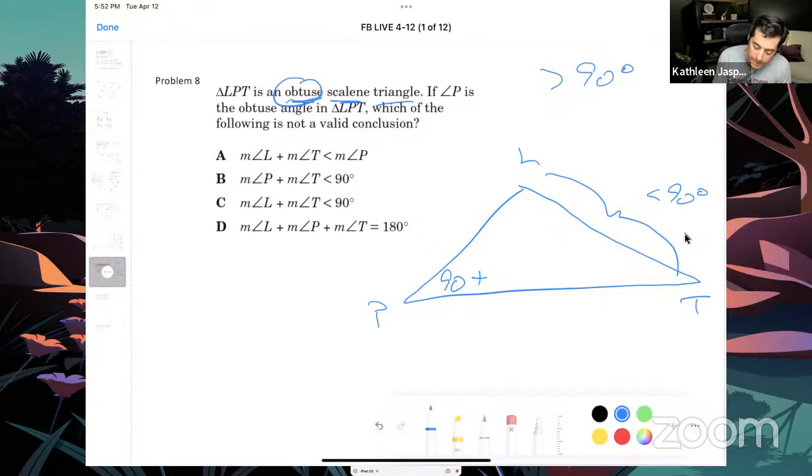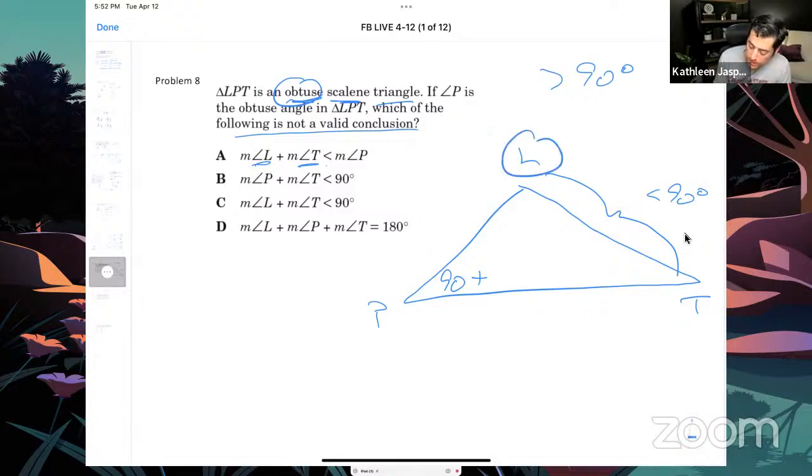So we start with A. A says angle L and angle T. When I add L and T, it is going to be less than angle P. And again, read the question: which of the following is not a valid conclusion? If I took L and T, would they be less than angle P?